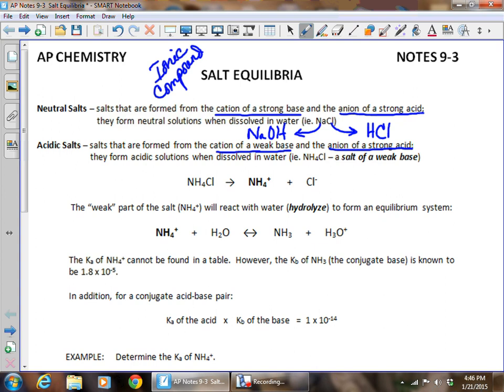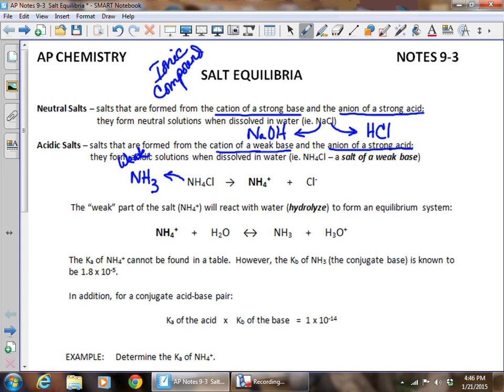Take NH4Cl, for instance. The NH4 results when we started with NH3 as the base, and it was a dirty, nasty hydrogen stealer and became NH4 plus. So the parent is NH3, and that is a weak base.